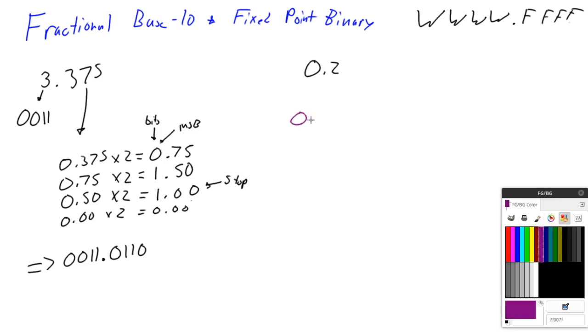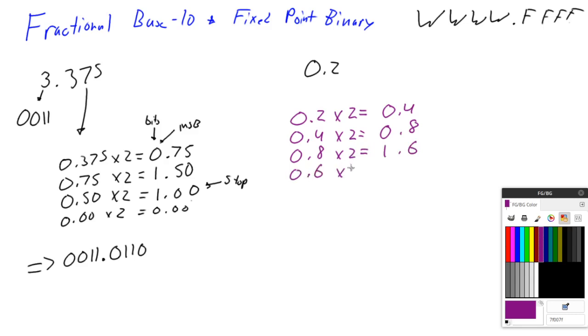So if we want to represent 0.2, 0.2 multiplied by 2 equals 0.4. And now we're going to take 0.4, multiply that by 2, and we get 0.8. And then 0.8 times 2 is 1.6. And then we're going to take 0.6, multiply that by 2, and what do we get?